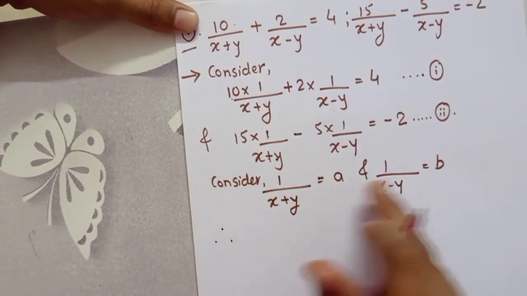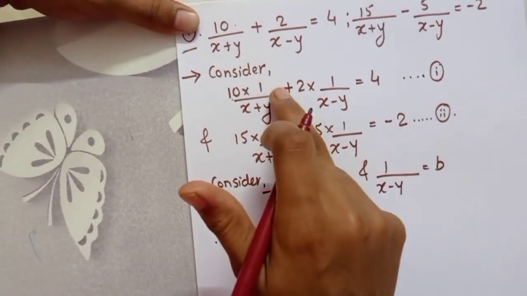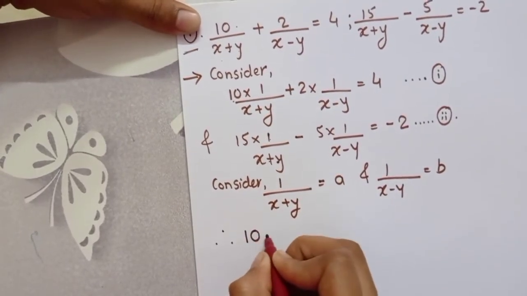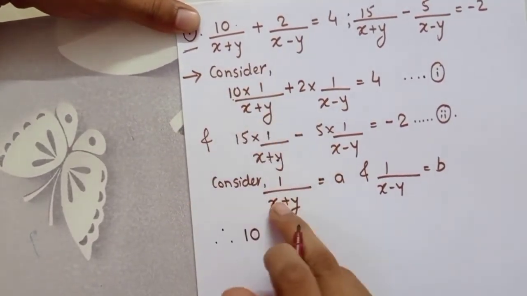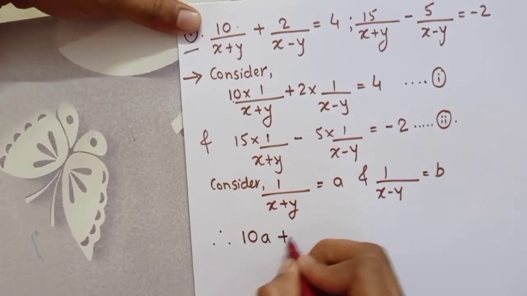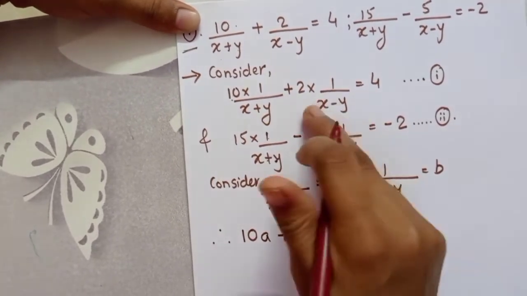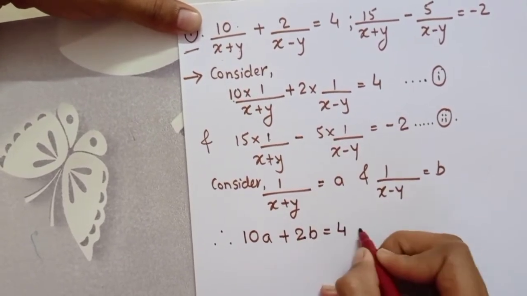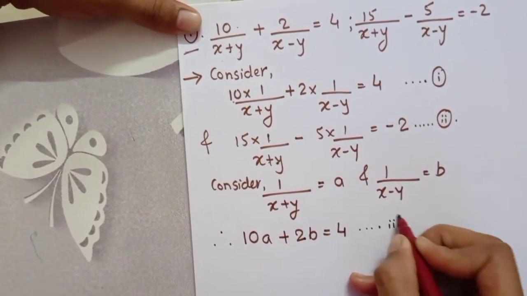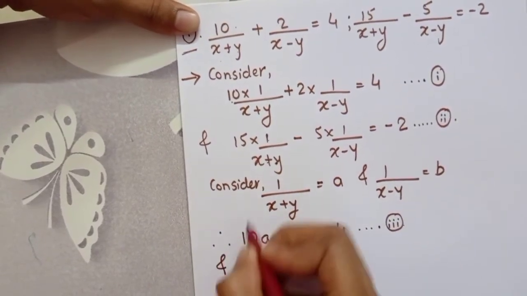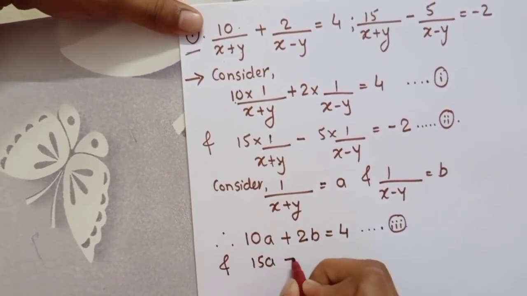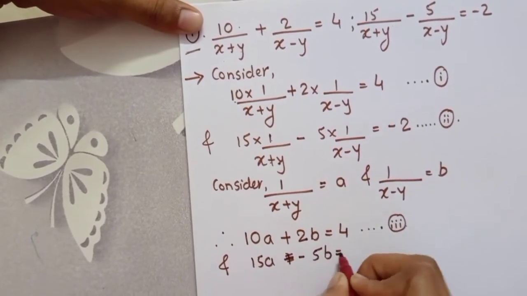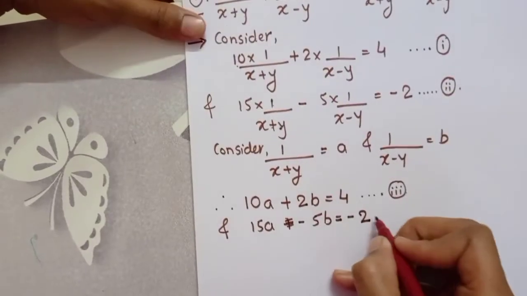Therefore, putting these variables a and b in the equations, the first equation becomes 10a plus 2b is equal to 4, considering it as the third equation, and 15a minus 5b is equal to minus 2, the fourth equation.